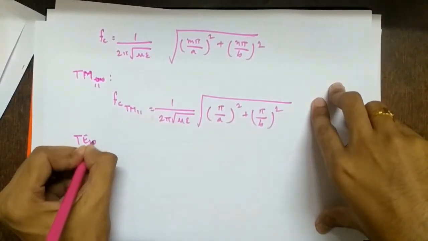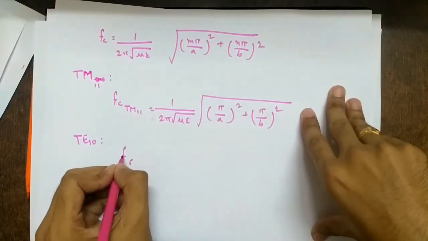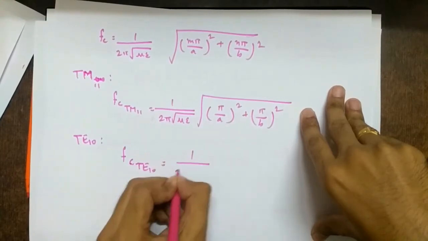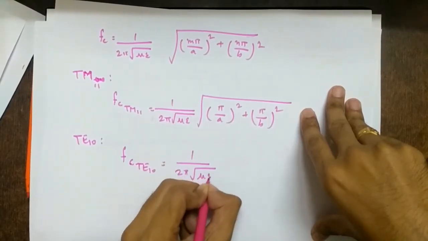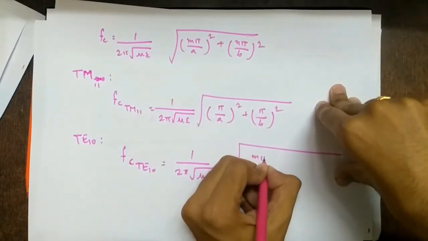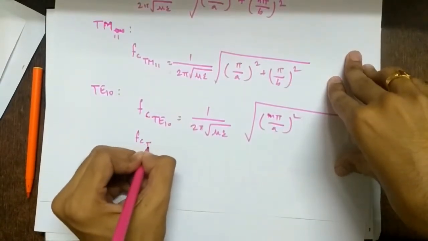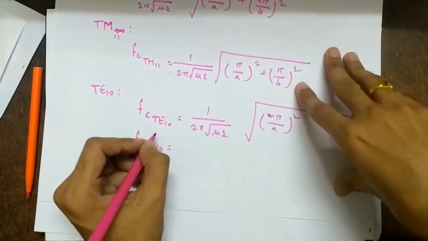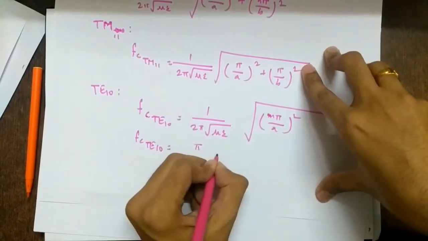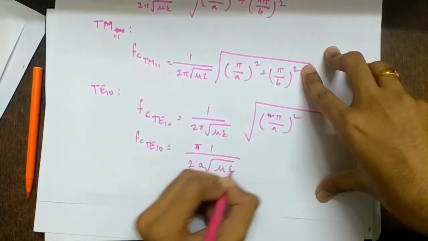Similarly for TE, the lowest order modes are TE10 and TE01. For TE10 you will get 1 upon 2π square root of με, times mπ by a the whole square, where m is 1. So fc for TE10, after solving, π gets cancelled and it becomes 1 upon 2a root με.